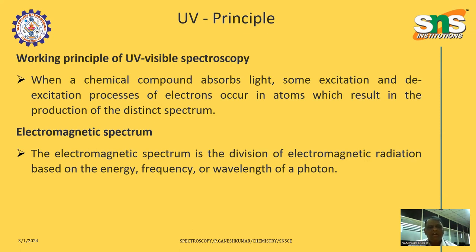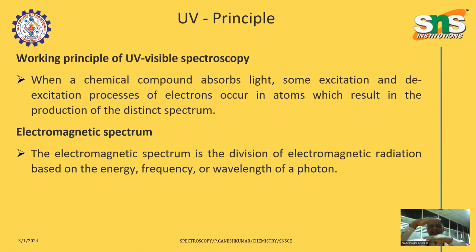So here the chemical compound absorbs light depending upon its concentration. And when it absorbs light, some excitation and de-excitation processes of electrons occur. Excitation means an electron is shifting from a lower orbital to a higher orbital, from a lower energy level to a higher energy level.